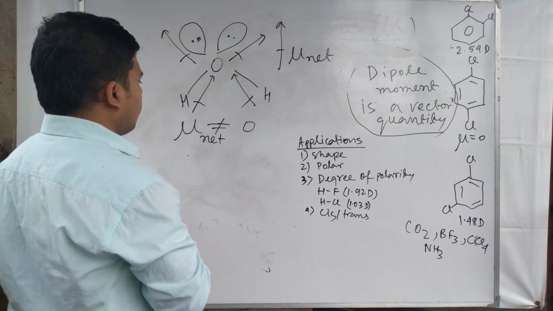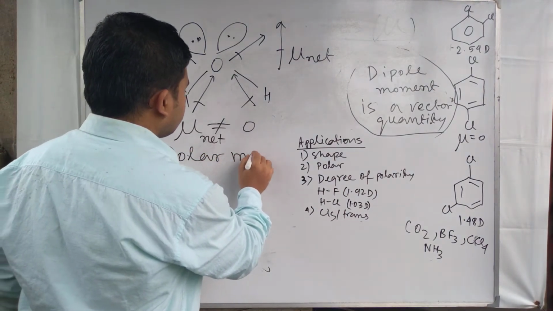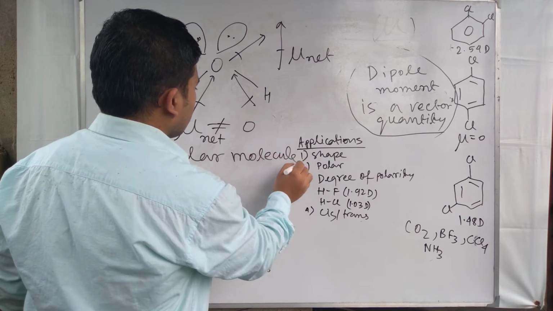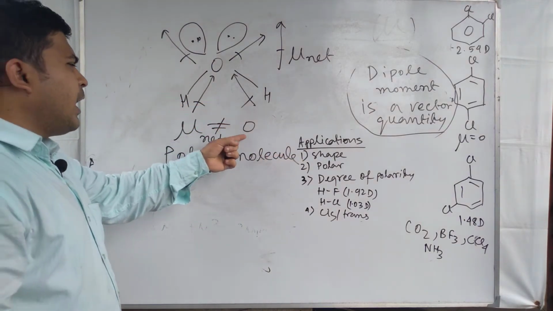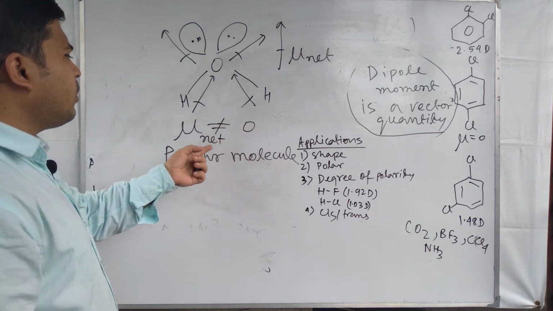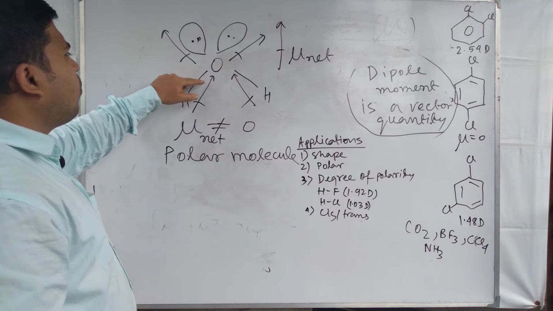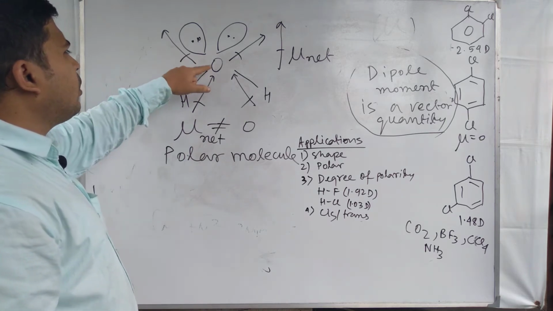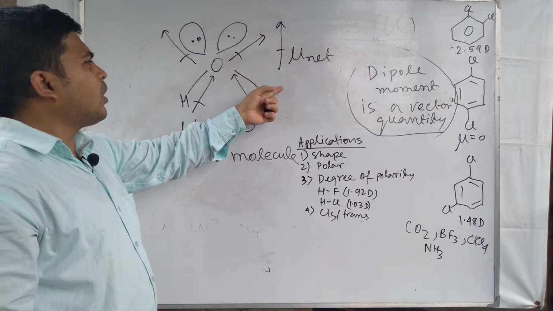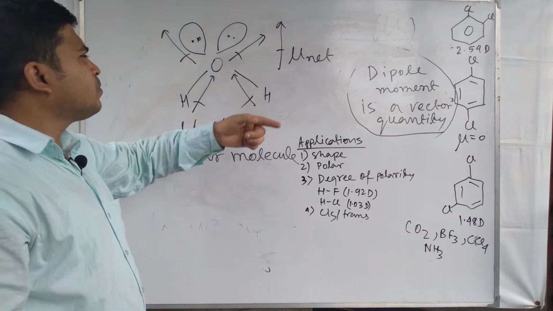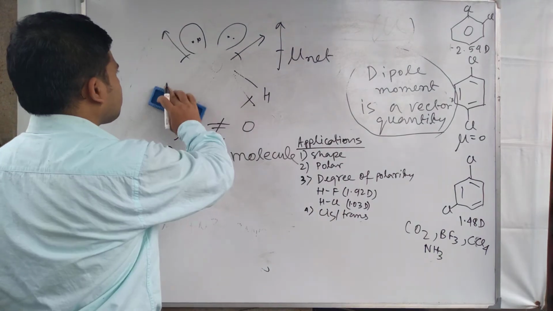Mu net not equal to 0 means the molecule is a polar molecule. In this molecule the dipole moment is not 0, and this is a polar molecule. Here the bond moments are from hydrogen to oxygen, and the net moment is from bottom to top. Okay, this is the dipole moment in the case of water.